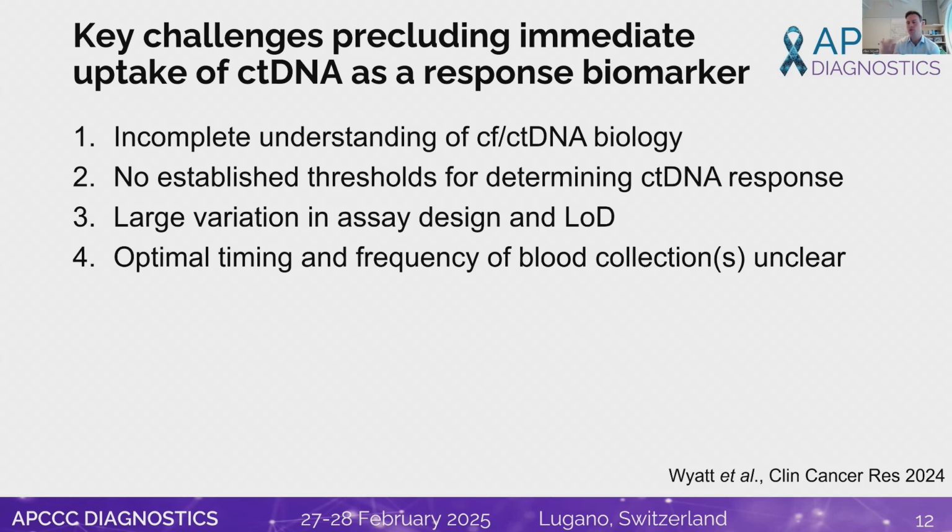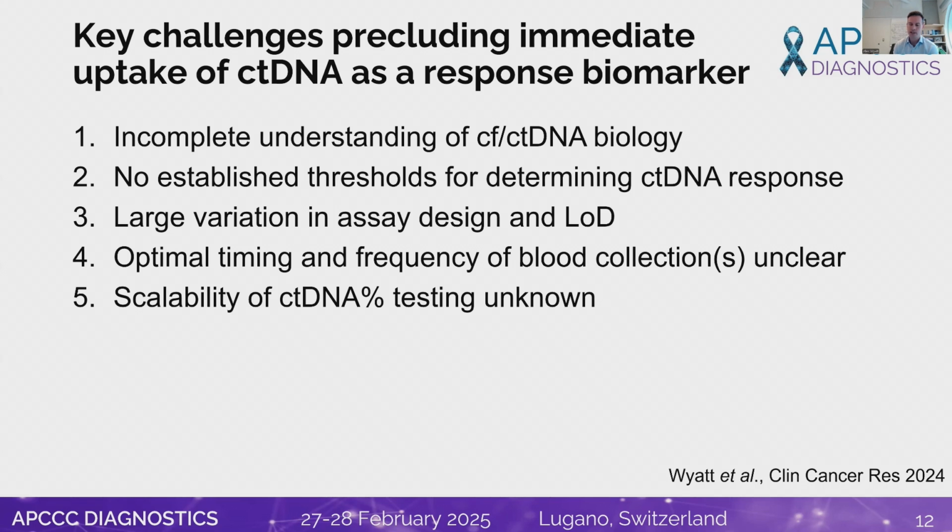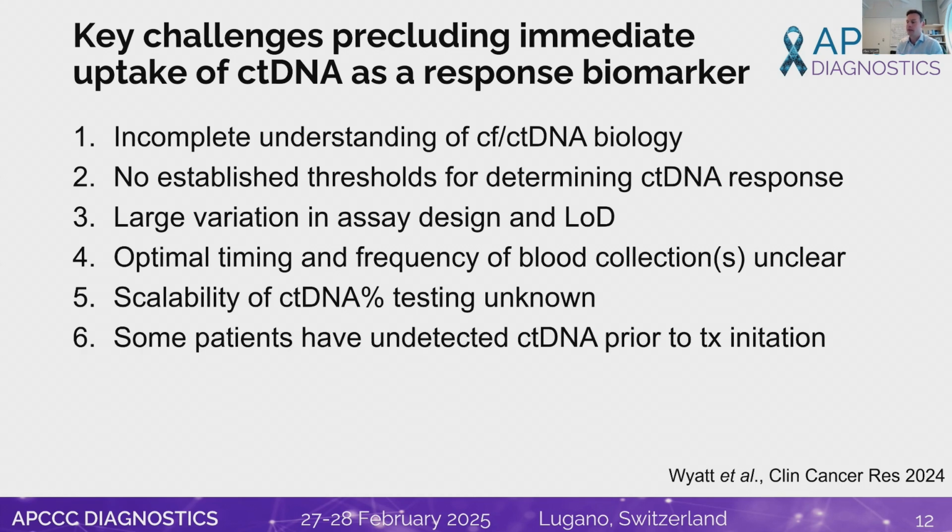And you may need a confirmatory blood sample to be sure of a change. I think particularly relevant for European audiences and Canadian audiences is what is the actual feasibility of implementing ctDNA testing? How much would it cost for hospital labs to operate such tests?